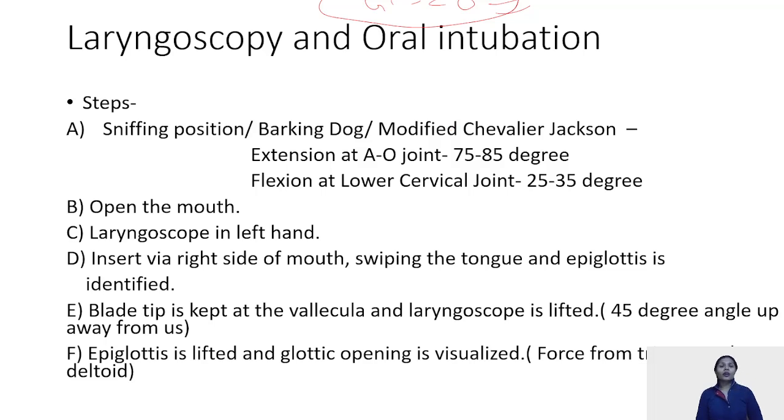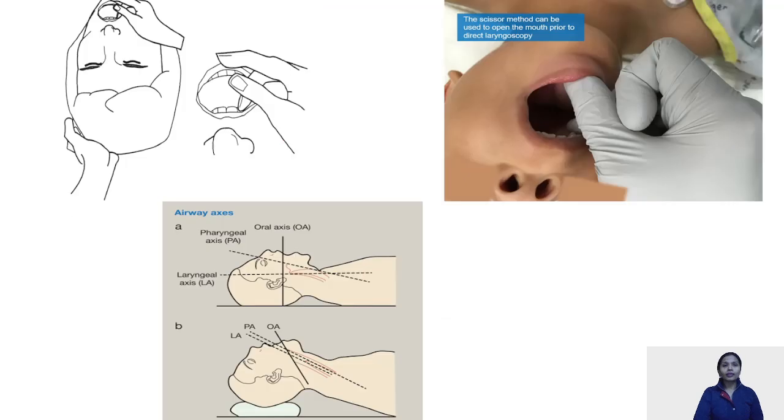The first step of the intubation is making the correct positioning. You have the sniffing position, barking dog position, also known as the modified Jackson position, in which you have extension at the atlanto-occipital joint and flexion at the lower cervical joint.